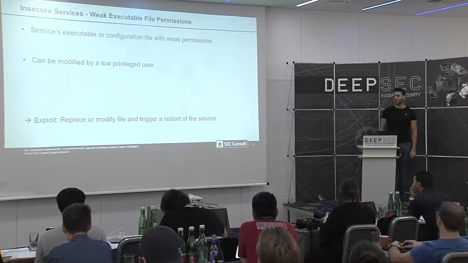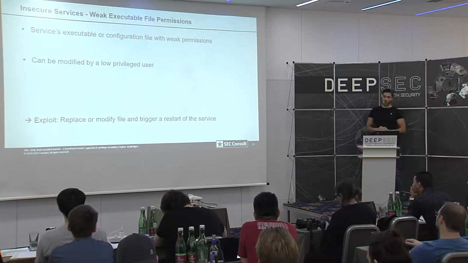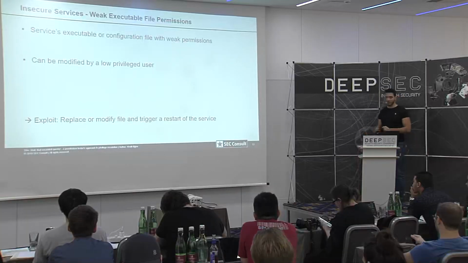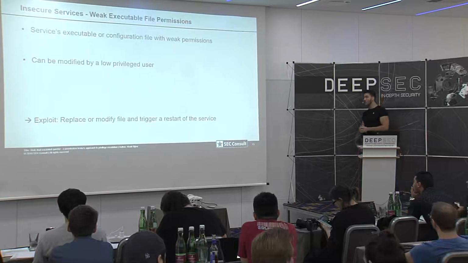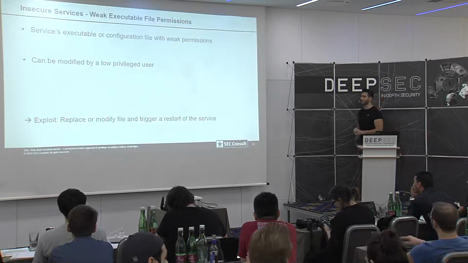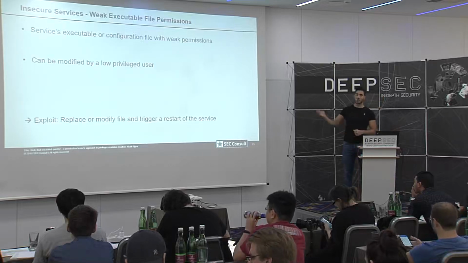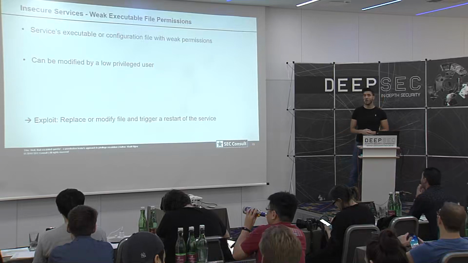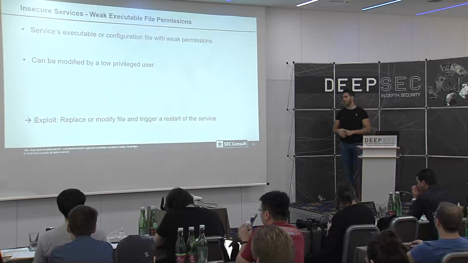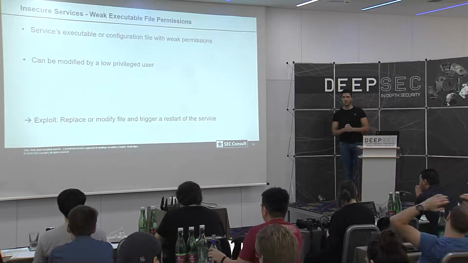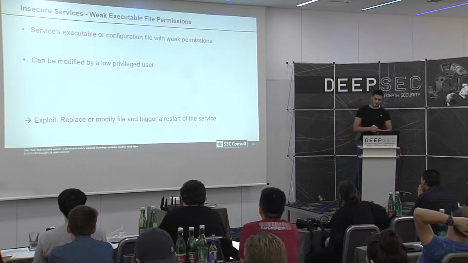If we have a service's executable file or a configuration file that is loaded by the service, and we can modify this file as a low privileged user, we can just replace or modify the file and then trigger a restart of the service so that our malicious file is executed.